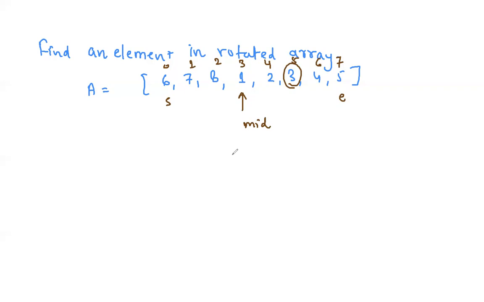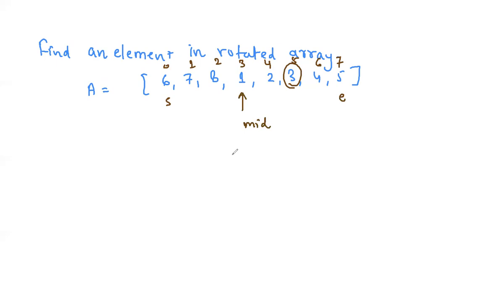So we have two elements in mind, 1 and 5, and I have been asked to find 3. So that will be on the right side, because my right array is in increasing order. I will neglect the left subarray, make my start equal to mid, and do the same thing again.